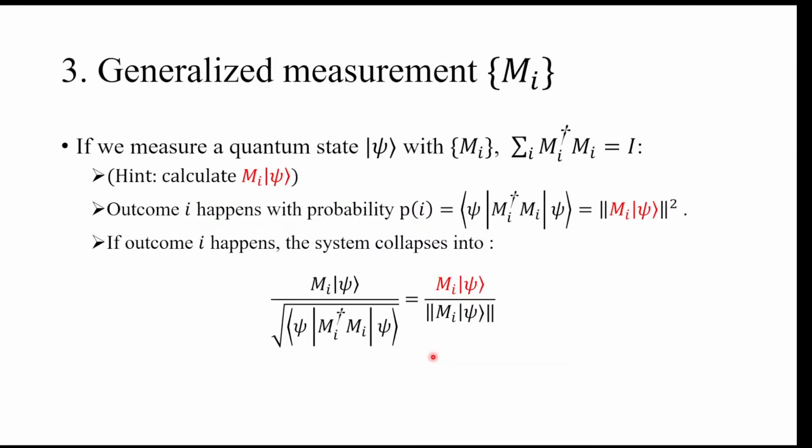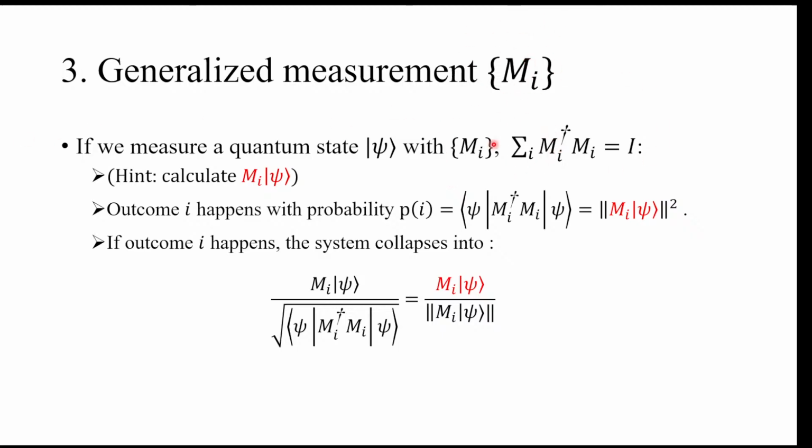And then finally we have the generalized measurement, and the generalized measurement is written as this set of operators Mi. And this can be really any n by n matrix. They don't even need to be Hermitian or anything.